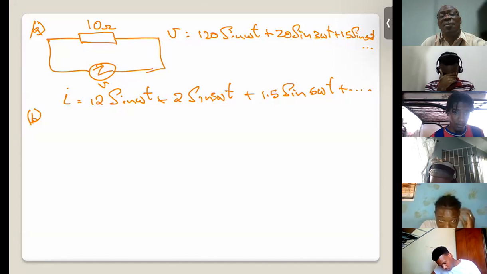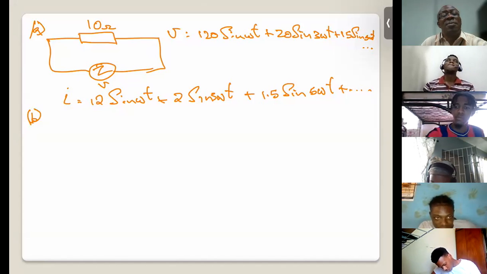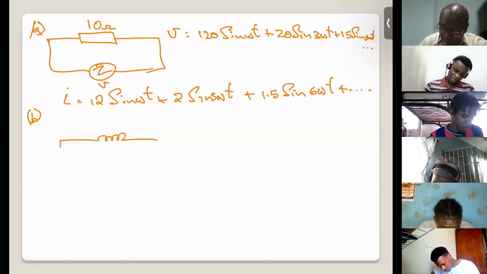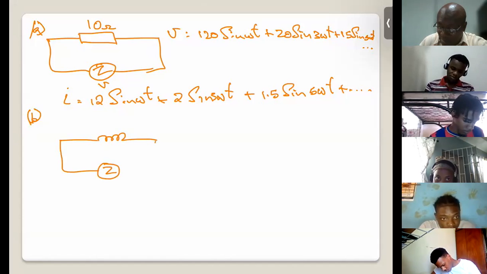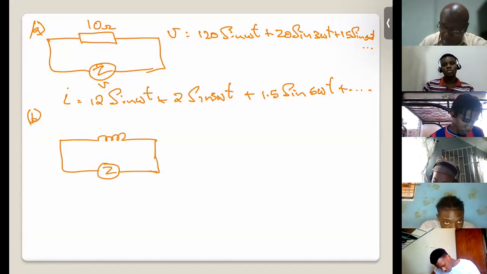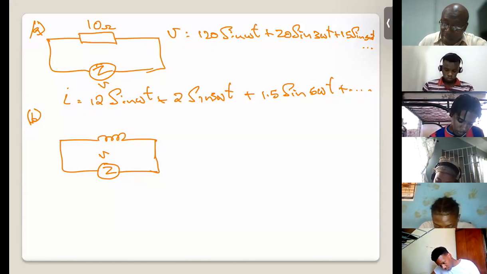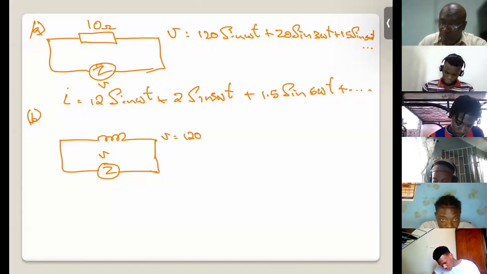All right, sir. So for part B, we draw the circuit again. All right. So we have our inductor. And we once again have our V. Excuse me, sir.